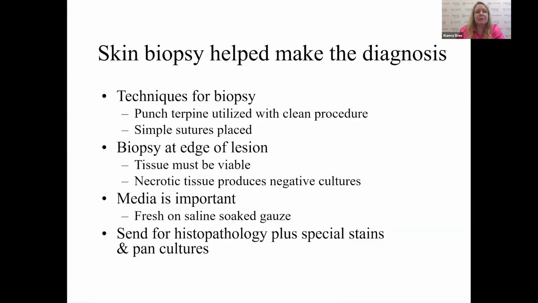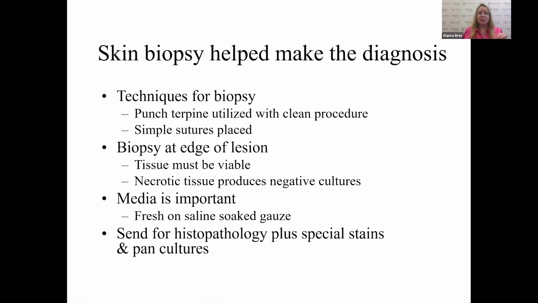So techniques for biopsy, you just want to use a punch biopsy with clean procedure, and then just place simple sutures. It's best to biopsy at the edge of a lesion, not in the center. So you want to get on the edge of the tissue where the tissue is viable, because if you get into that necrotic tissue, you're going to have a negative culture.